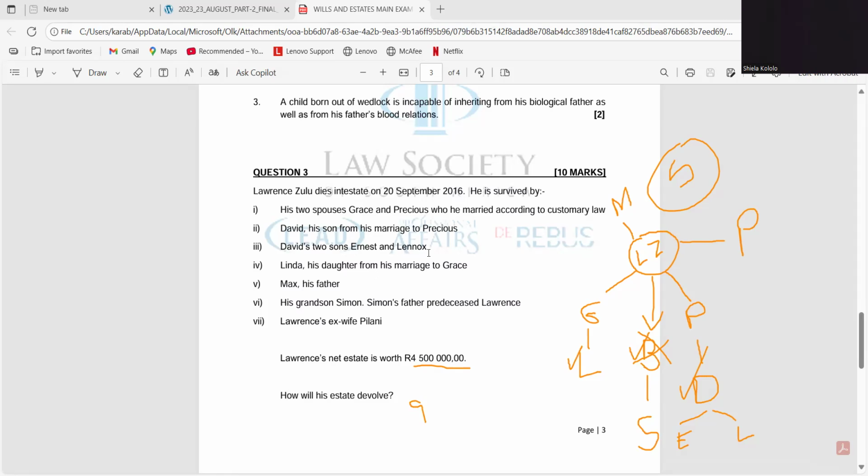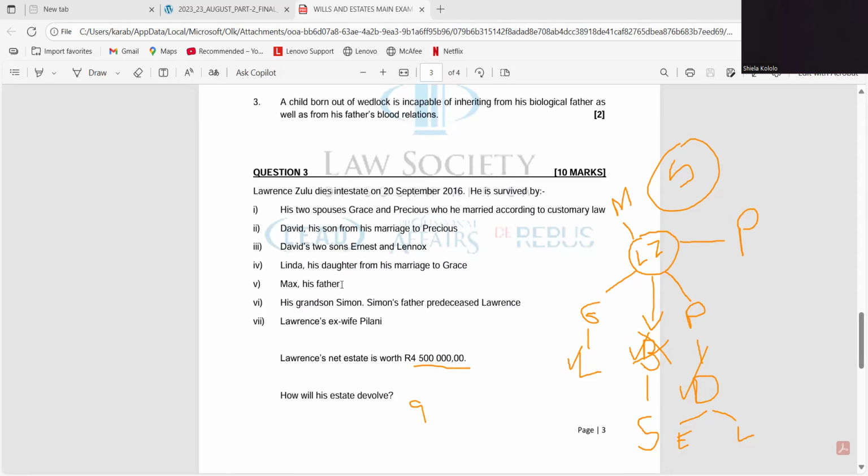Why? Because their father is still alive, so they don't need to represent their father. As a result, they will not be inheriting. That's your answer for Ernest and Lennox. Linda, his daughter from his marriage to Grace. Remember, we calculated Linda as a child. So Linda will also get 900,000.